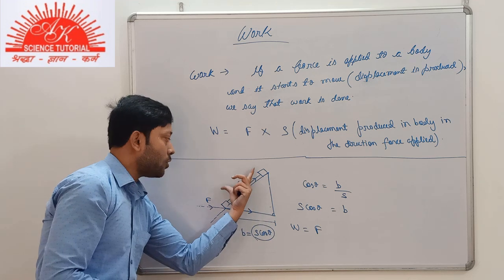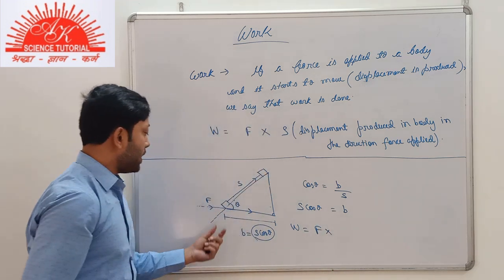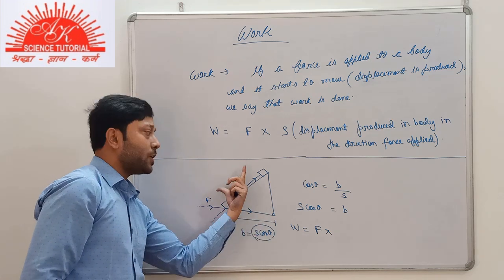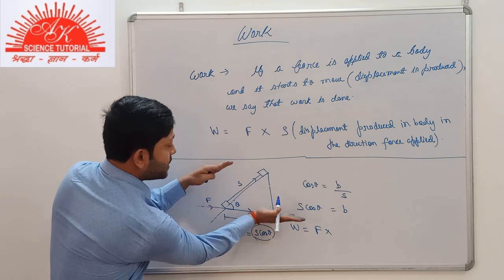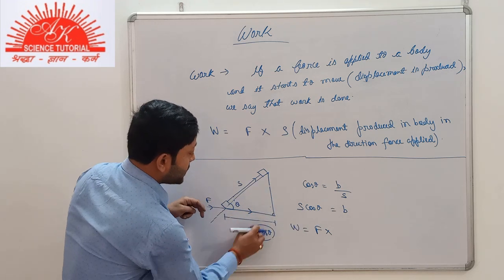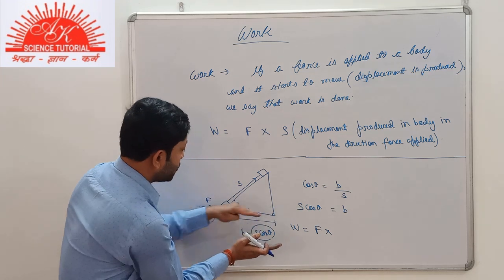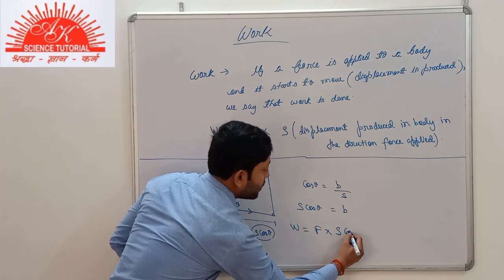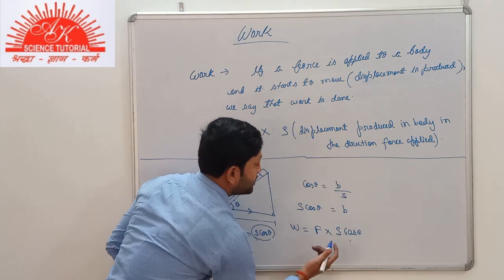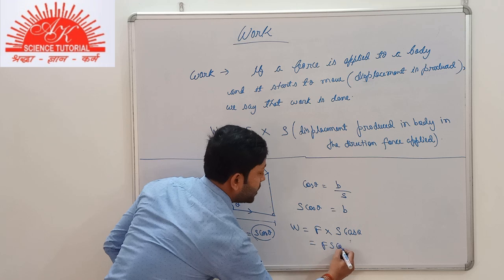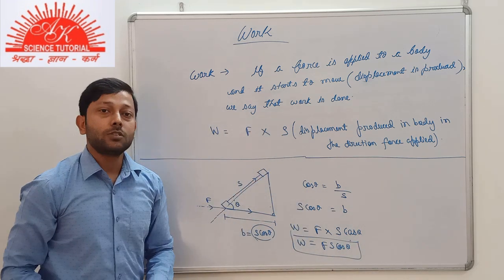That is the component of this displacement s. So we multiply it with what? Not with s, because this s is not in the direction of force. Force is in this direction. And this s cos theta, we found a component of s in the direction of force. So we write it over here. That is cos theta. So finally we got the expression for work done, that is Fs cos theta.